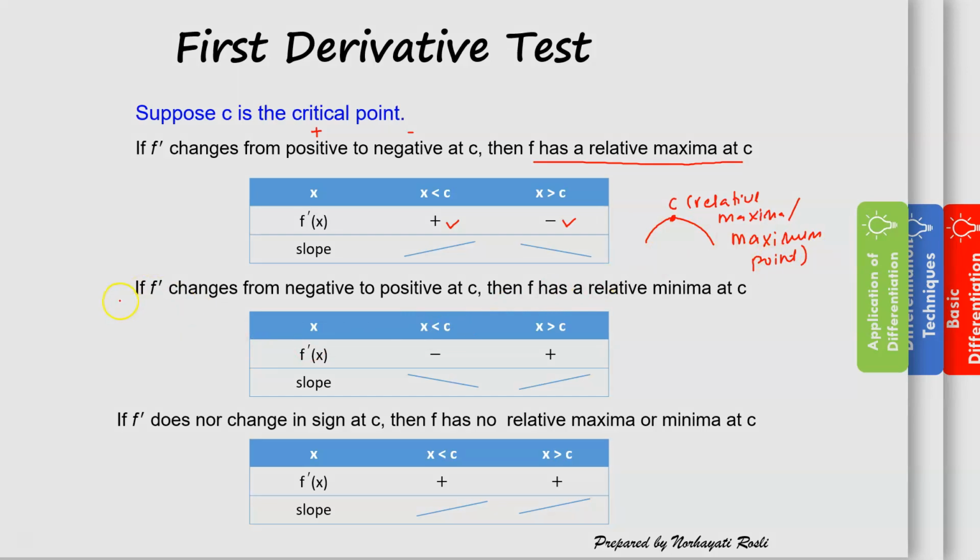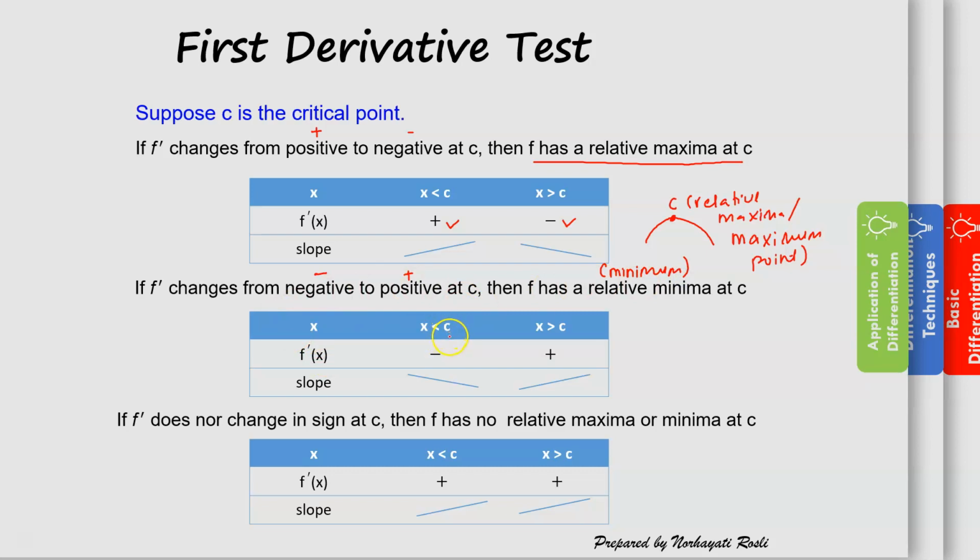And then we go to the second possibility of the nature of the critical point. If f prime changes from negative to positive at C, then f has a relative minima, or we can say that it is a minimum point. Let's go to this table.